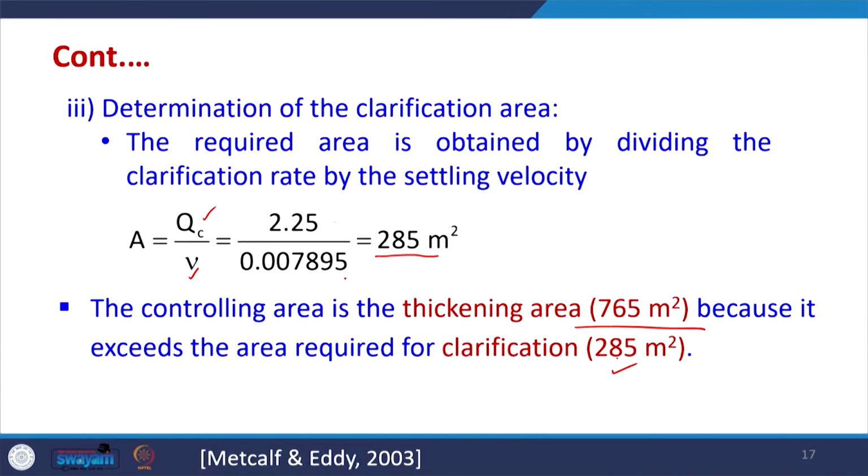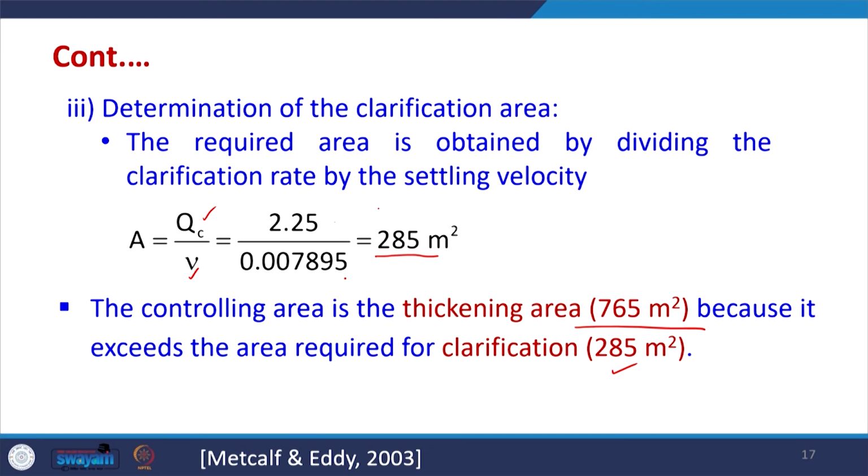So, for this particular system, the 765 meter square area is higher, and we have to design the system based upon that only. We cannot take the lower one, otherwise the conditions will never be met. So, we can calculate the thickener area and the clarification area, but generally the thickener area will be higher, and we have to perform the calculations on that.